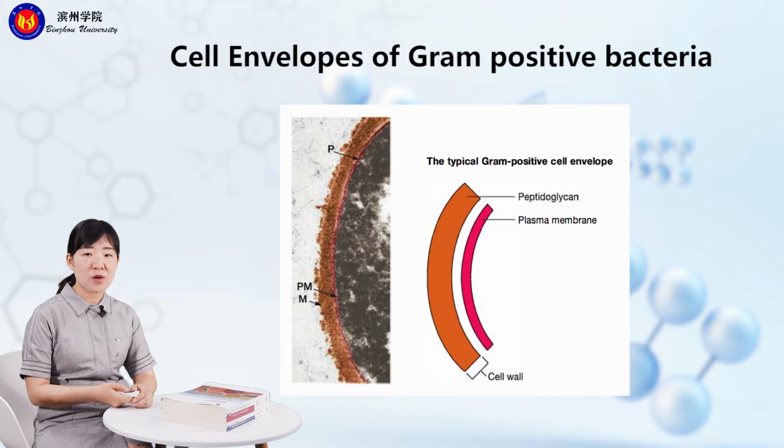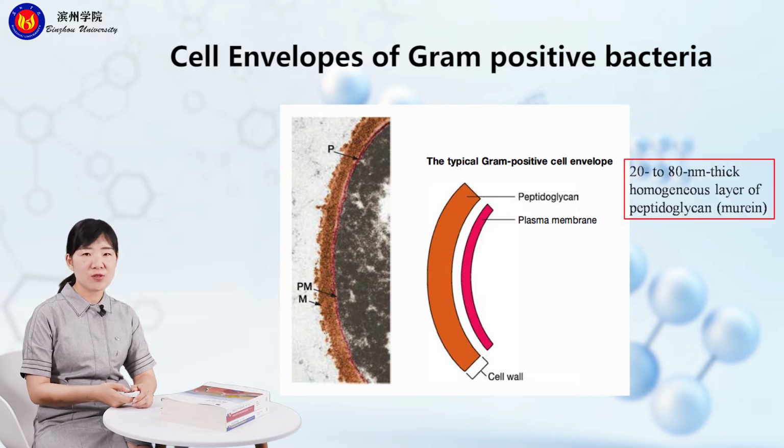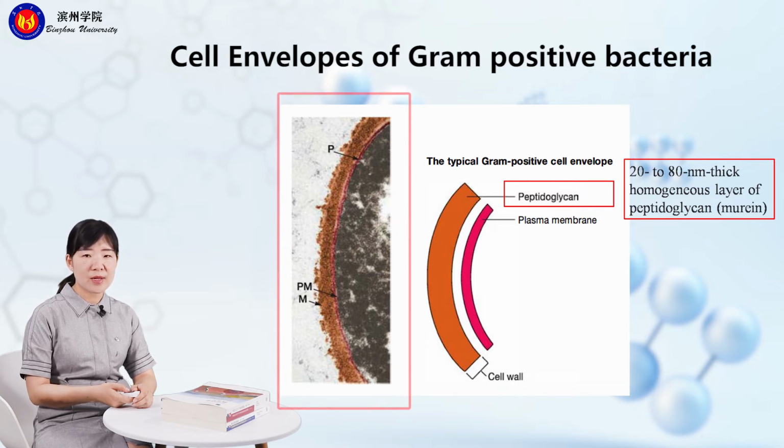The cell walls of Bacillus subtilis and many other typical gram-positive bacteria consist of a single 20 to 80 nanometer thick homogeneous layer of peptidoglycan lying outside the plasma membrane. Peptidoglycan is also called murein. See the transmission electron microscope picture on the left.